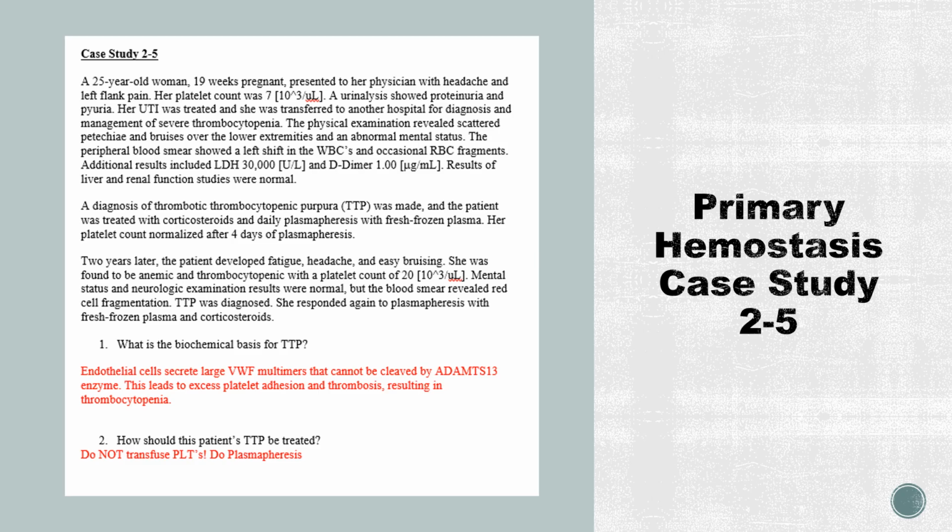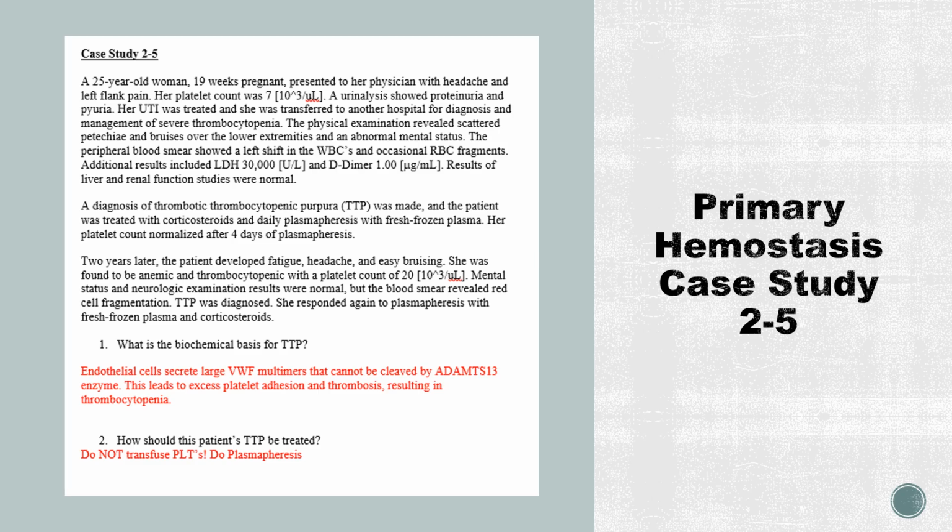Well, TTP has an interesting kind of biochemical basis. What we have in TTP are endothelial cells that secrete these large von Willebrand factor multimers, and normally those would be cleaved, but they can't be cleaved by the ADAMTS13 enzyme.